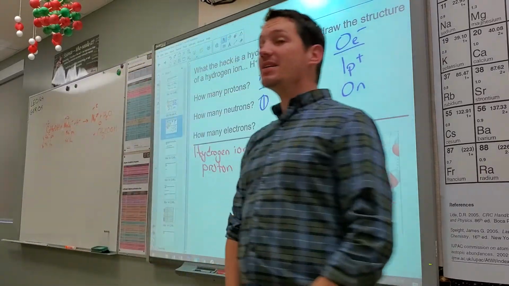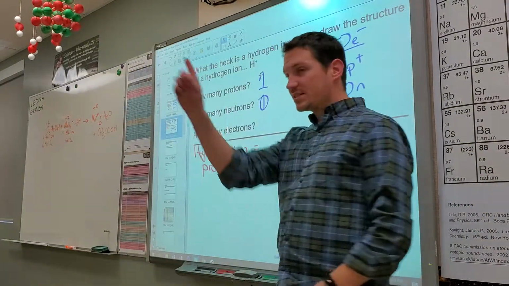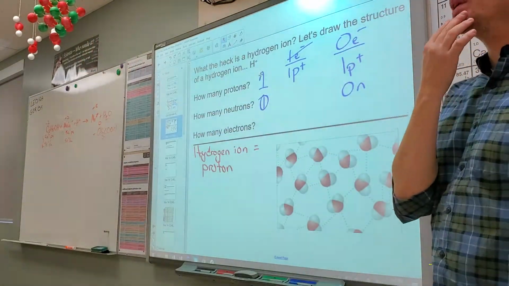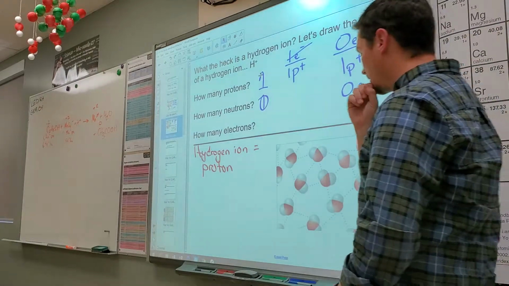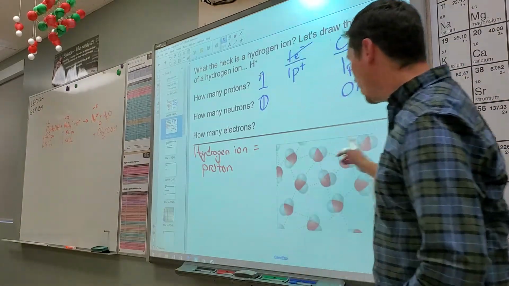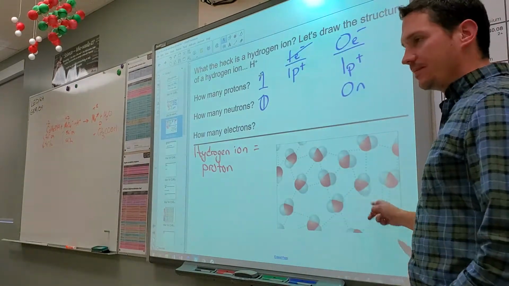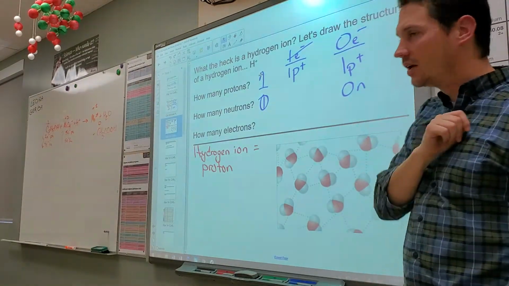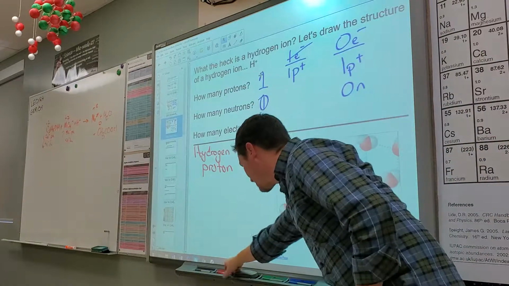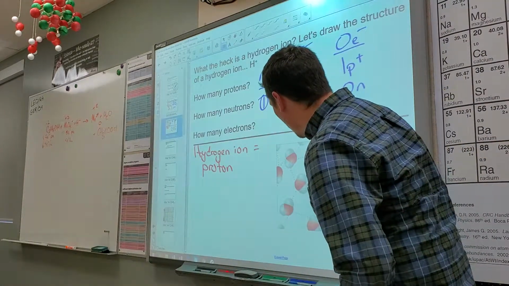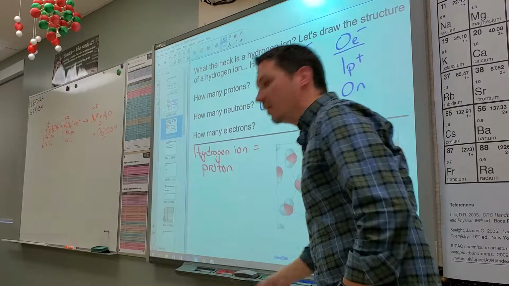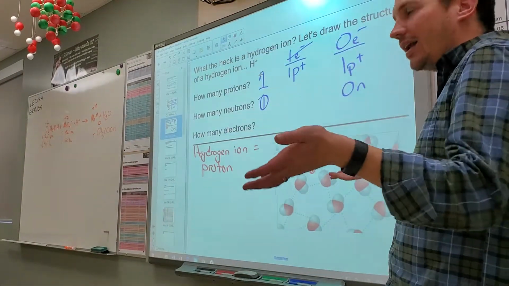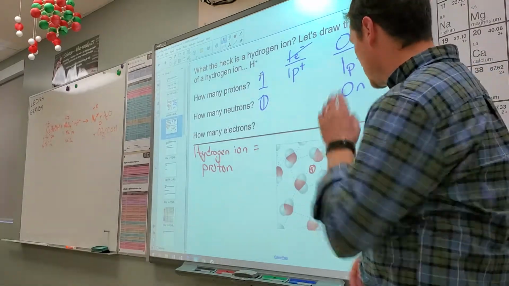Because this is a single positive charge all by itself, it behaves really uniquely, okay? Here, do you know what substance all of these things are? Sure looks like H2O, right? If I popped a proton right smack dab in the middle of this solution, when I add an acid, adding an acid is a lot like adding hydrogen ions or protons.